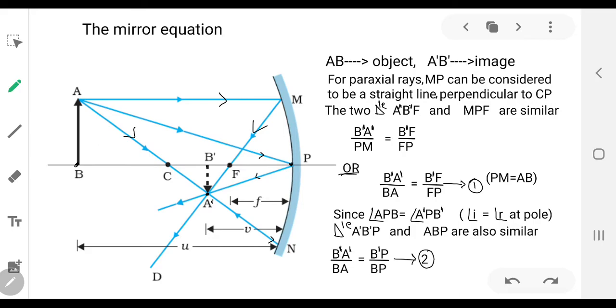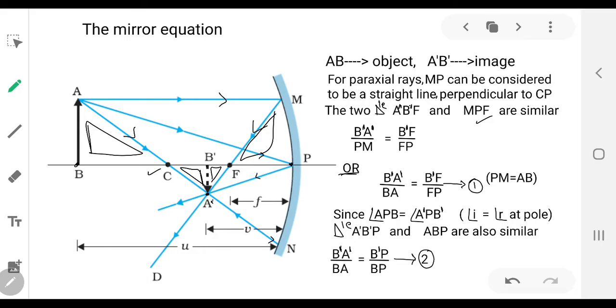Another triangle that you can consider is A dash B dash C and ABC. These two triangles can also be considered similar triangles. The first one is ABF and MPF. The other two triangles we can consider for similarity are these two.